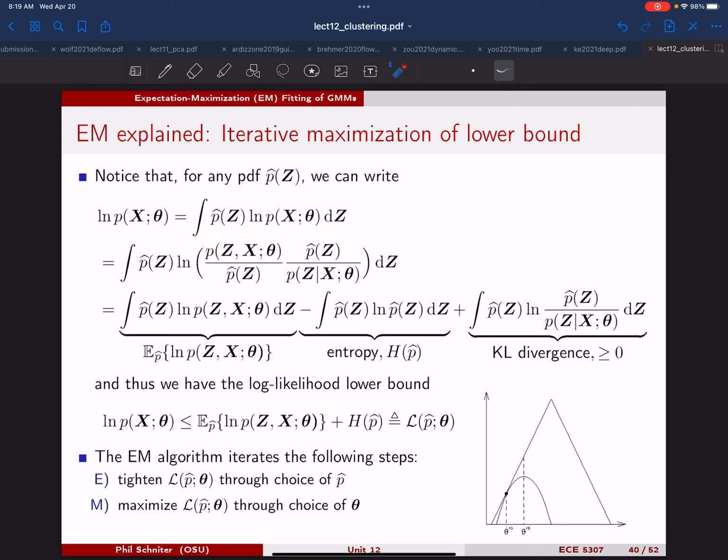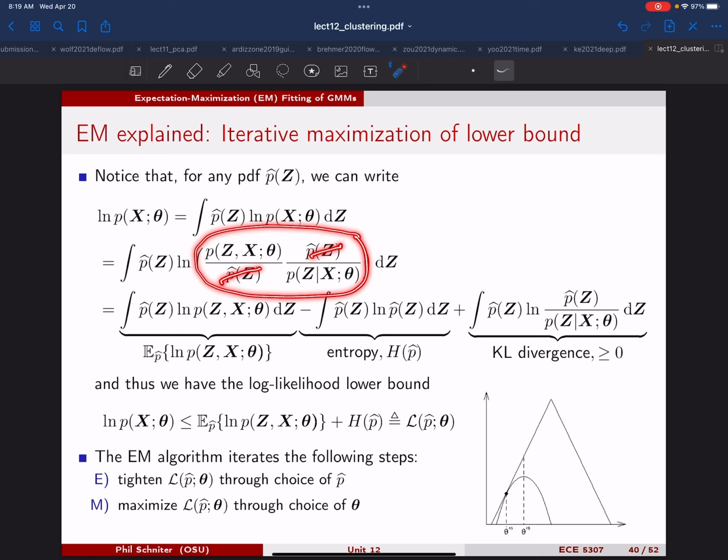Okay, so now let's expand this p of x parameterized by theta in another weird and complicated way. Let's write it like this. So clearly you can see the p hats cancel.